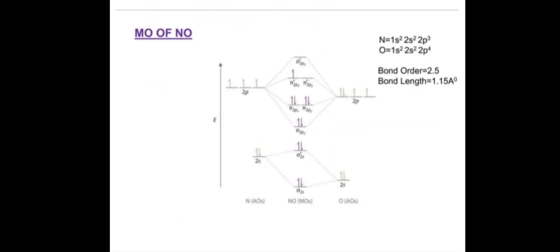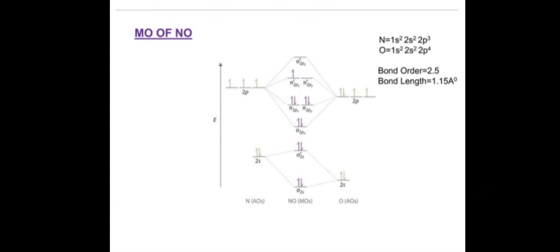Okay, so now we will be moving on to the next important heteronuclear diatomic molecule called NO. So NO is again a heteronuclear diatomic molecule. Take nitrogen with an atomic number of 7 with electronic configuration 1s2, 2s2, 2p3, and on the other side oxygen with an atomic number of 8 and its electronic configuration is 1s2, 2s2, 2p4.